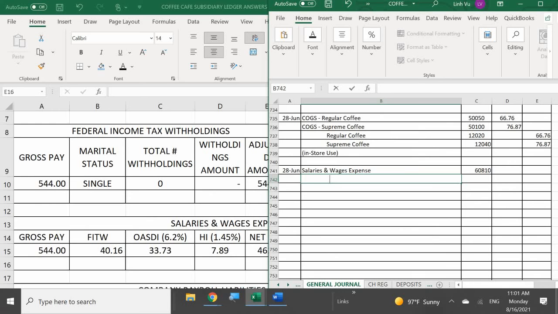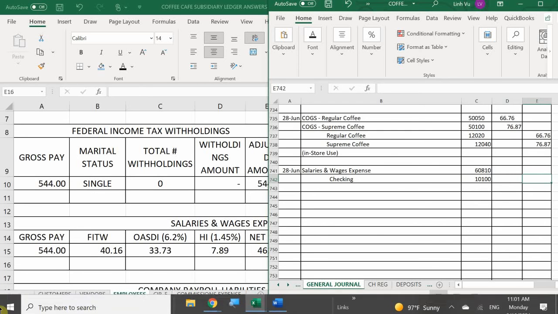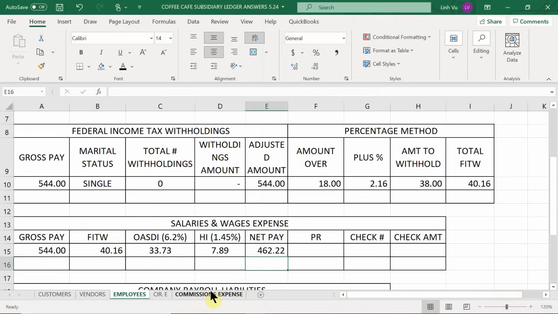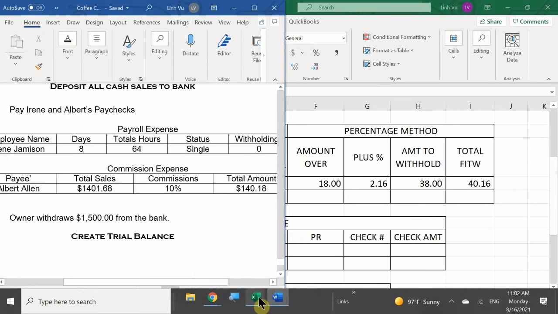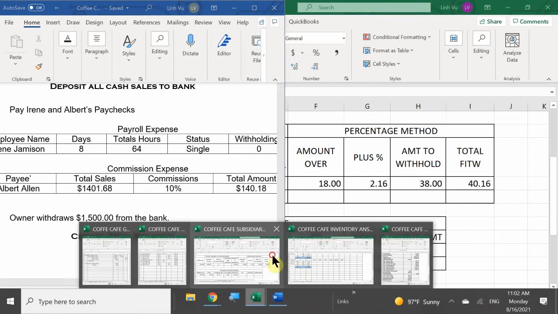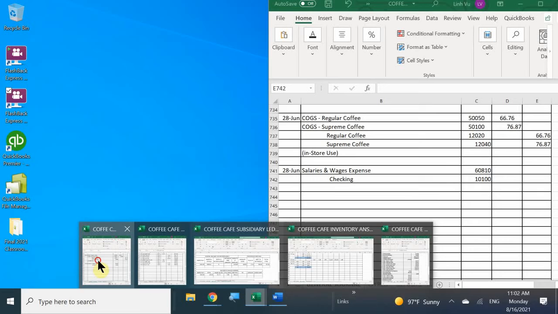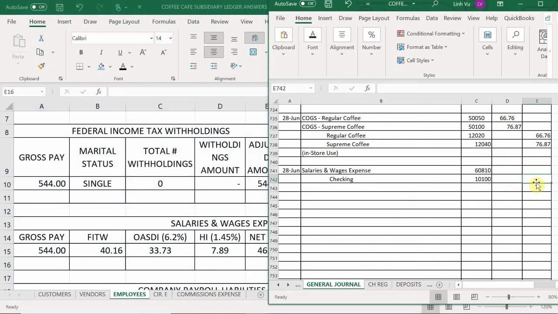Now, what about all that stuff that we took out of her paycheck? How much am I actually going to pay Irene? 462.22. Yes.